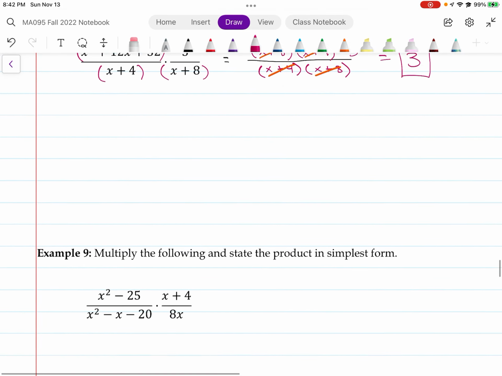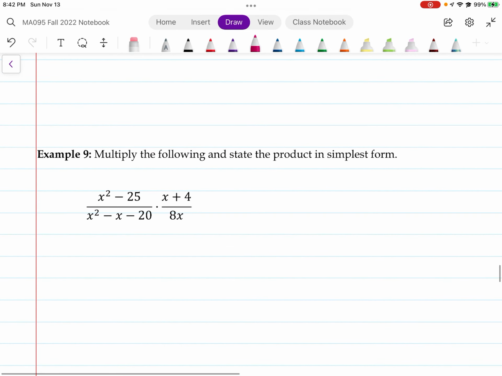All right, so let's try another one. See what you can do with this. See how far you can get with it without any help. All right, so I'll try to use colors here. This one is going to factor 2. And now remember, this is 5 squared, so this is the difference of squares.